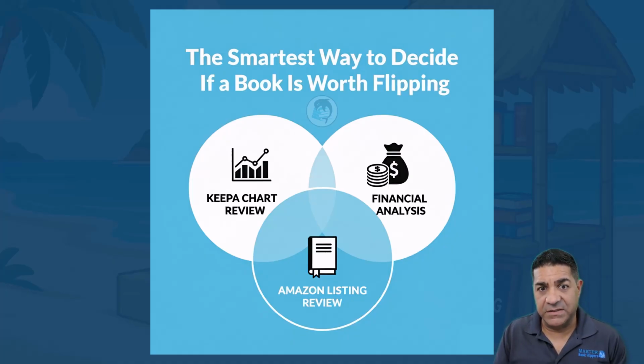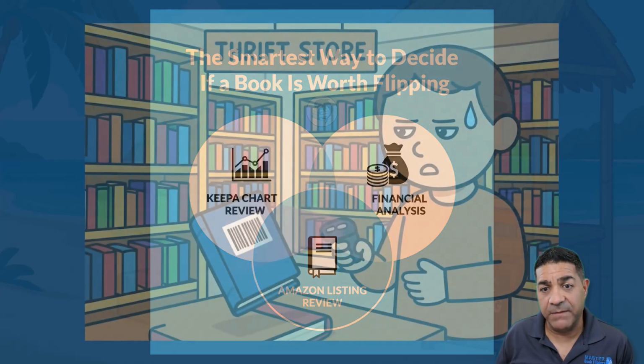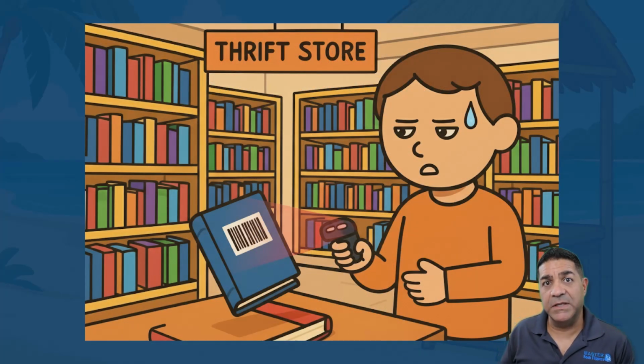Now, let me say a little bit further on what we're doing here. There are many, many people who've sold hundreds of thousands of books, probably collectively, that don't use Keepa charts. They are sourcing the books typically using a scanner and going out to thrift stores, not really having the time to analyze the Keepa chart thoroughly.